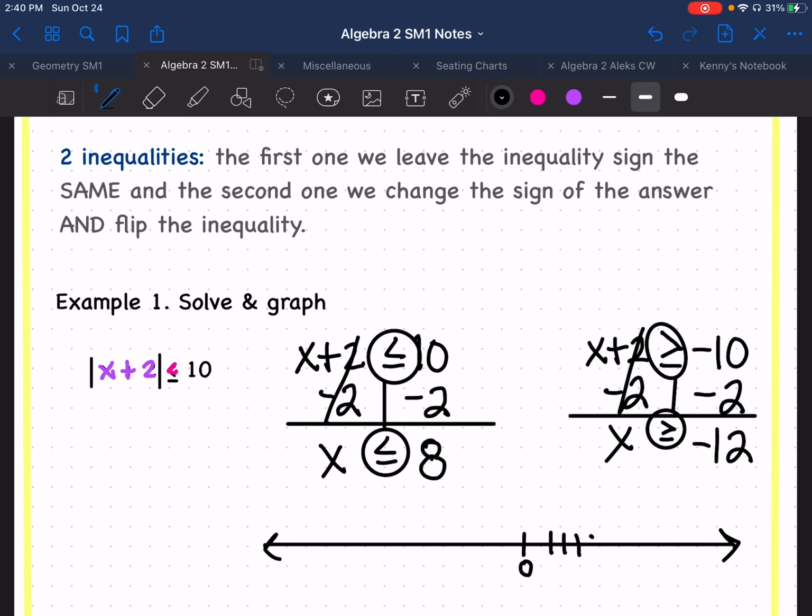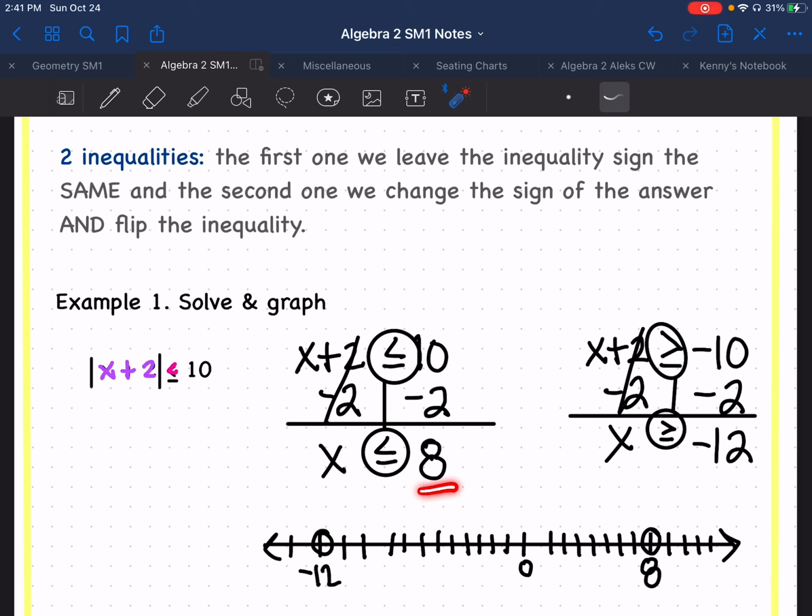And you can put some more lines if you'd like. And then 1, 2, 3, 4, 5, 6, 7, 8, 9, 10, 11, 12. -12. I know that was a little bit of a skip there. Remember, your circles are going to go this one at 8 and this one at -12.